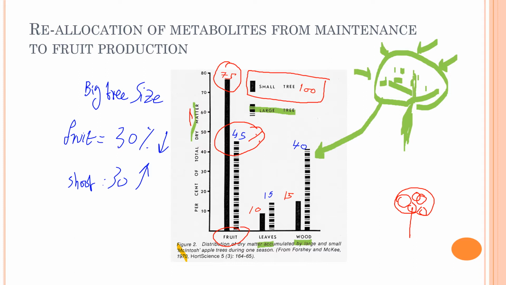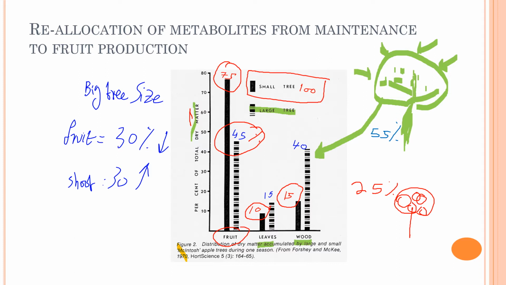And because the tree is small, 10% goes to the leaves and 15% goes to the wood. So the total wood and leaves is only 25% for a small tree. But if you look at the large tree, 55% goes to the wood and the leaves, which is very useless.